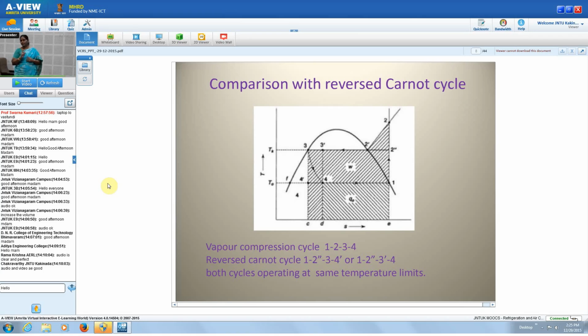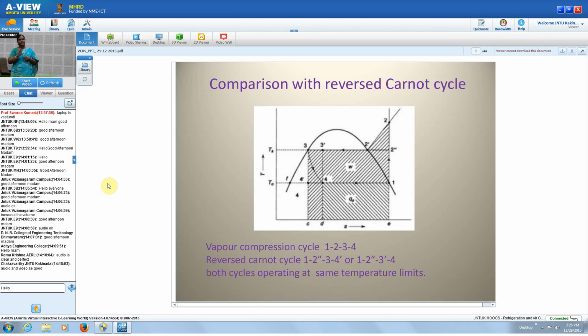Whereas the reversed Carnot cycle is 1, 2 double dash, 3 dash, 1, or otherwise you can take 1, 2 double dash, 3, 4 dash, and again 1. That is the rectangle representing the reversed Carnot cycle. Both cycles are operating at the same condenser temperature and the same evaporator temperature.